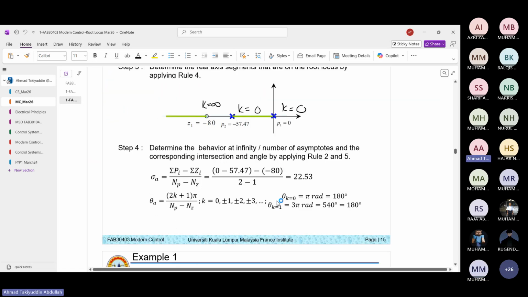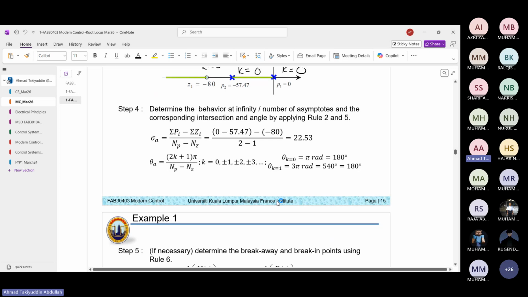So let's move on. This is going to be the next rules of the steps that we are going to take in order for us to come out with this root locus plot. It will be on this behavior at infinity. It will also be known as the asymptote.